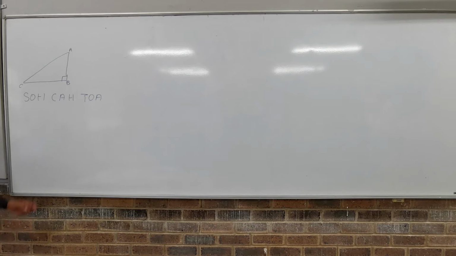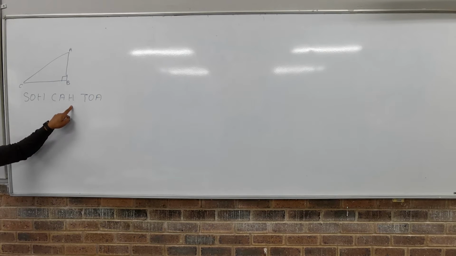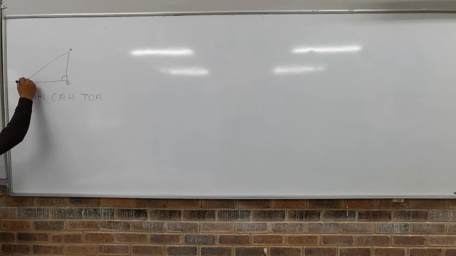What does this mean? It means that for sine we have opposite over hypotenuse, for cosine we have adjacent over hypotenuse, for tangent we have opposite over adjacent. For instance, if your reference angle theta is at angle C, this is what we mean.